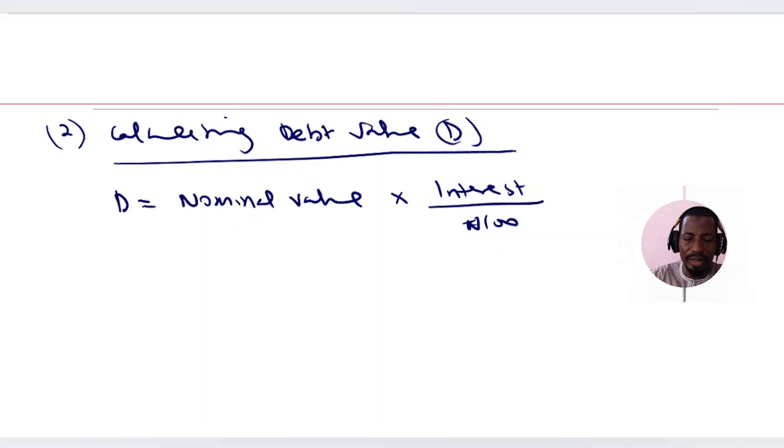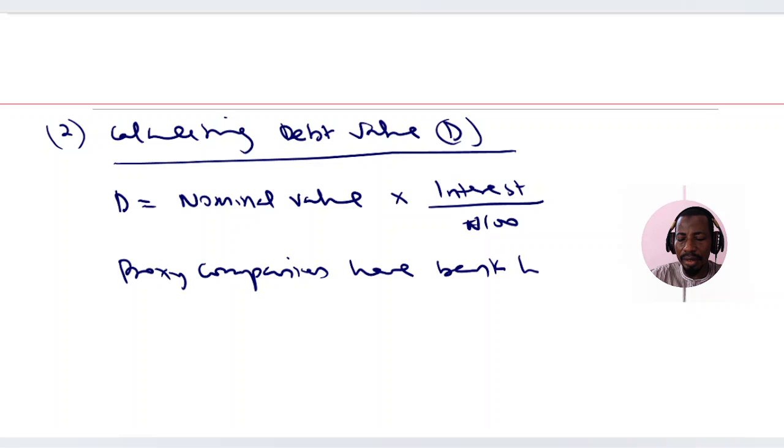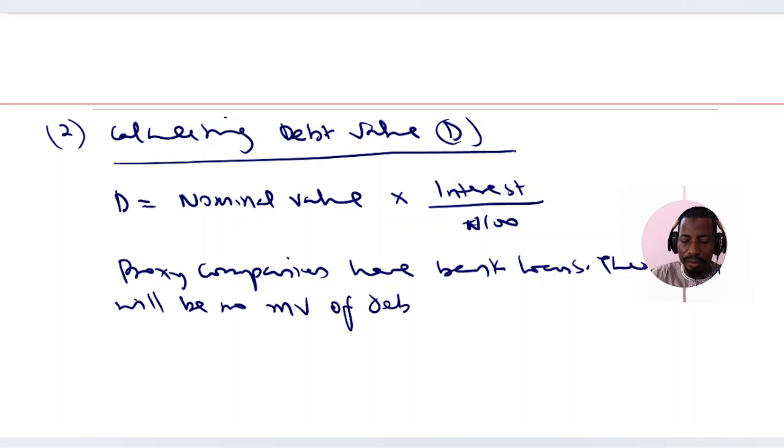So since that is the case, being a bank loan, I will say the proxy companies have bank loans. Therefore there will be no market value of debts.